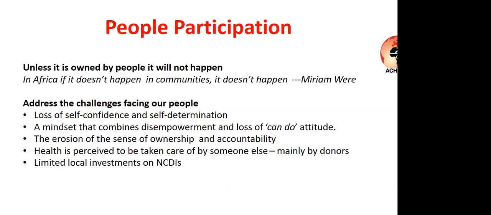It's completely eroded, along with the sense of ownership and accountability. Health is perceived to be taken care of by someone else, usually by donors. Even now we have very limited local investments in NCDs. We need to address these issues. I think we can do it. We just need a mindset change, as the president was pushing us yesterday.